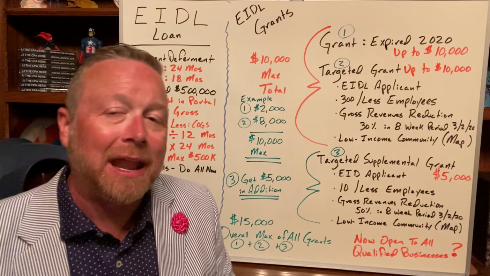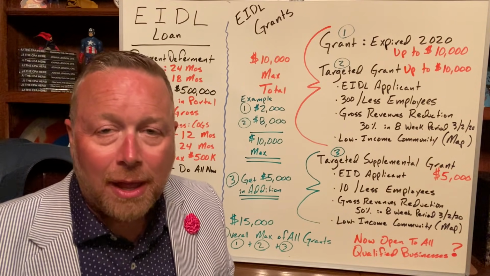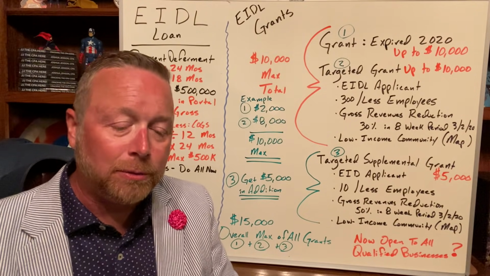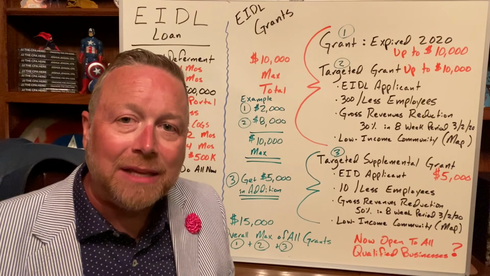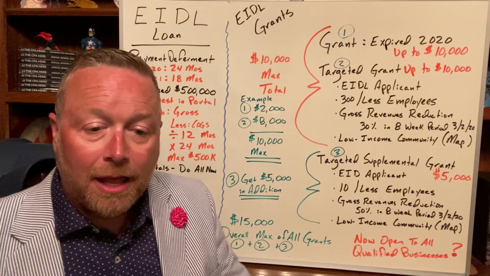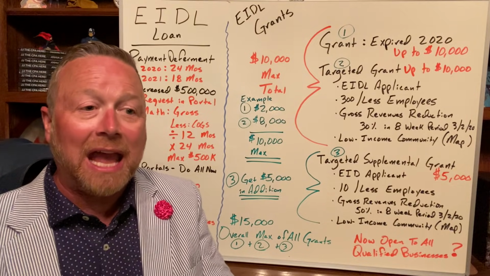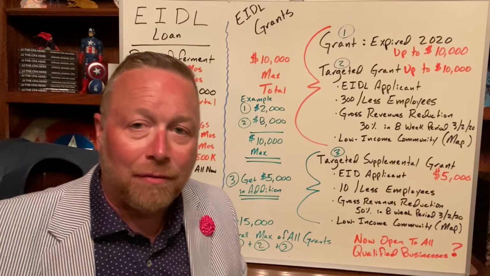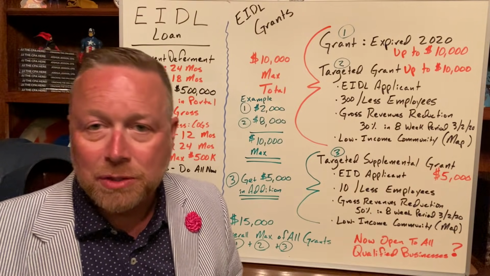And the reason I'm teeing that up for you is that now I'm going to talk through the grants here. And this is fast moving. Right now, on the date that this video is being released, July 5th, it's being reported that the SBA is saying all qualified businesses now can apply for the EIDL targeted grant and the EIDL supplemental grant.